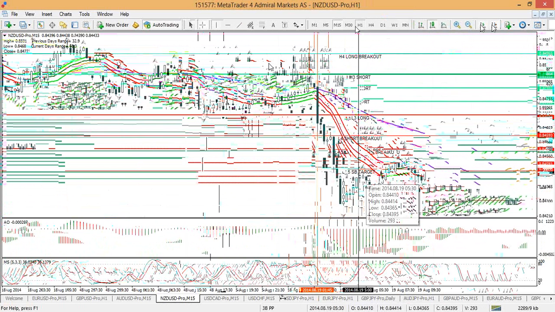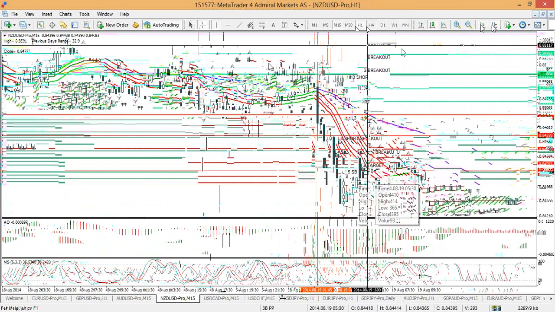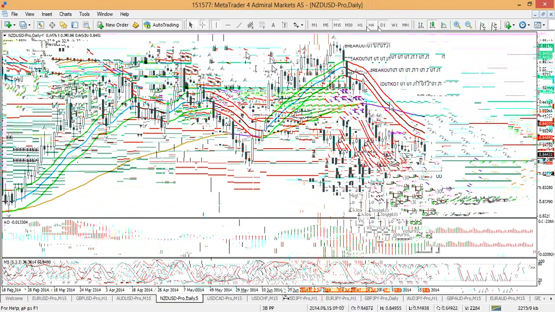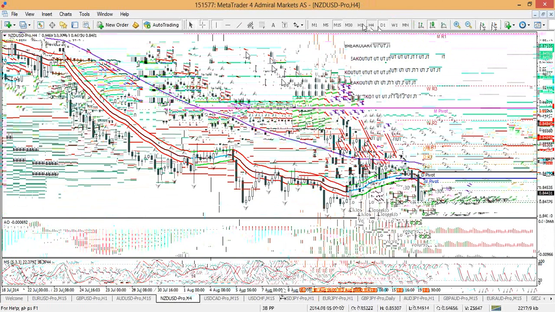The price is at the weekly one as well. Maybe even a swing trade here to the downside upon the break of the weekly pivot point, for instance.